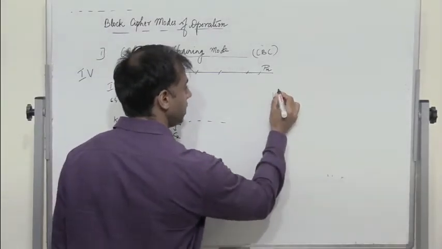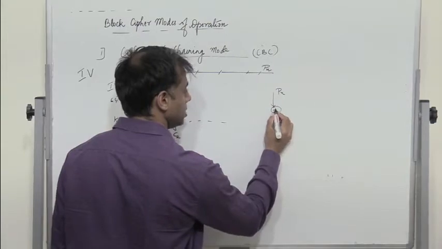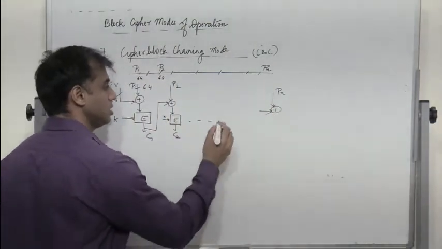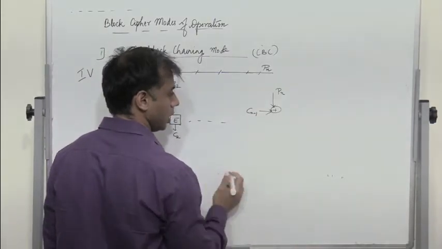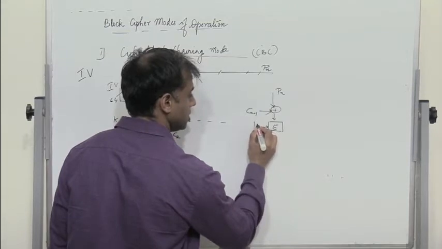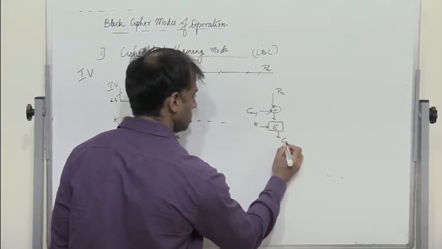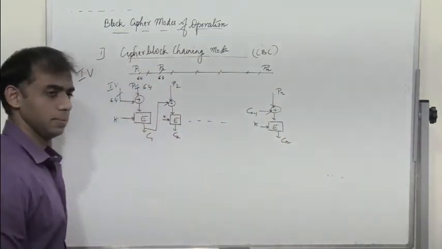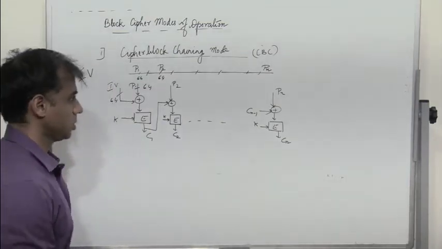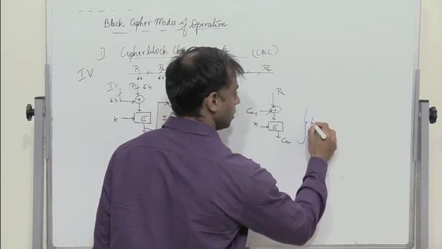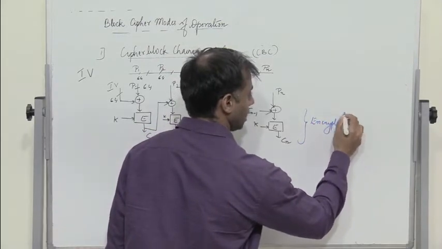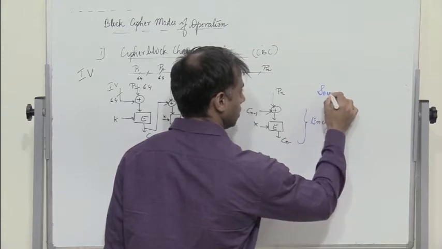And the last plain text block Pn is XORed with the ciphertext block from the previous stage. So this is Cn-1 and then given to the encryption algorithm, which uses the secret key K to produce the ciphertext Cn. So this happens at the source. So this is the process of encryption, which happens at the source.